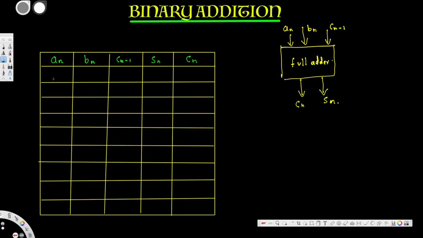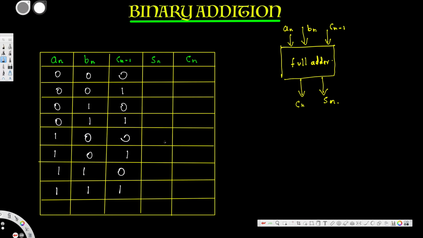So first let's put 000, 001, then 010, and after that 011, and after that 100, and then 101, and then 110, then 111.